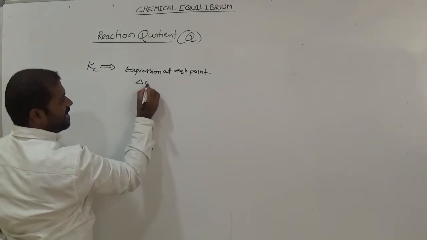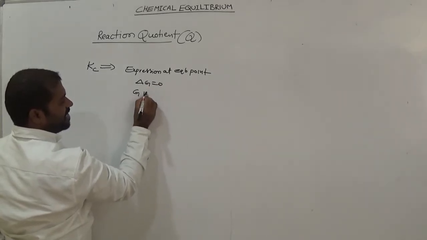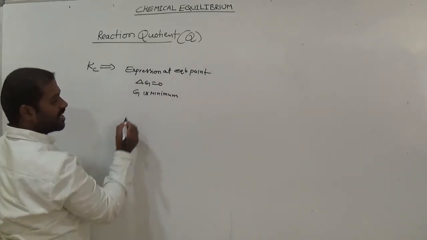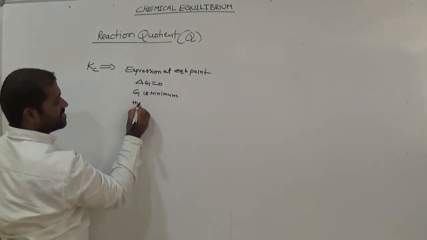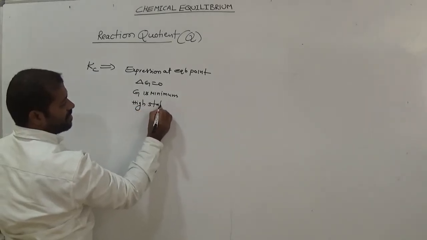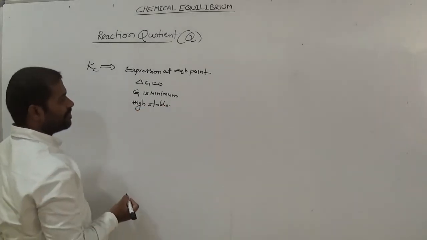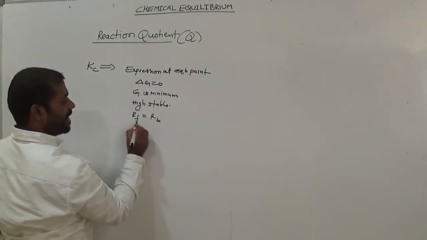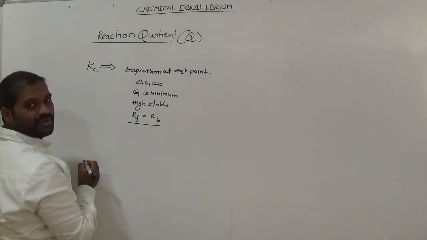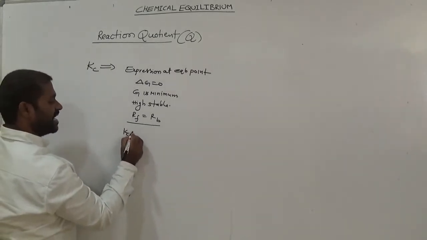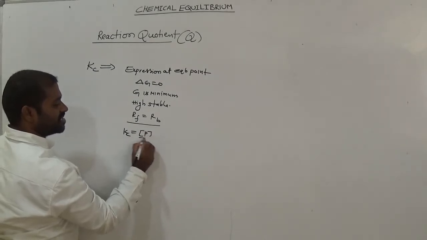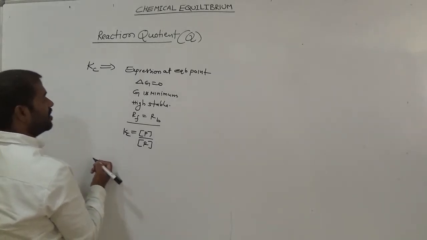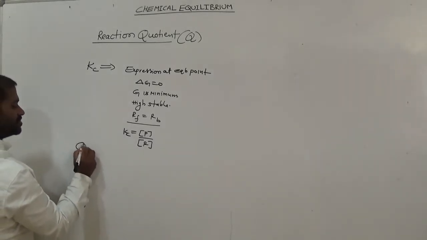That means delta G is equal to 0, G is minimum, and the rate of forward reaction equals the rate of backward reaction. The expression is taken as Kc, equal to the molar concentration of products to the molar concentration of reactants. Am I right? So now what about Q?